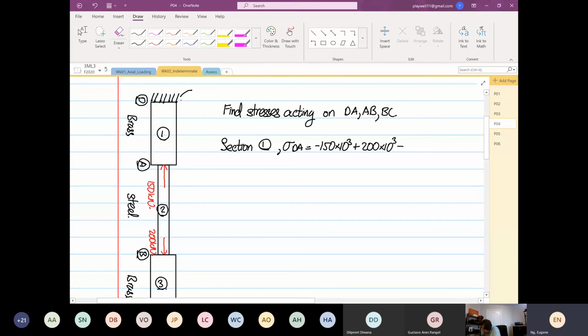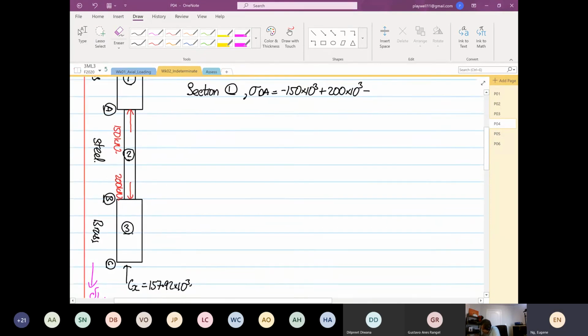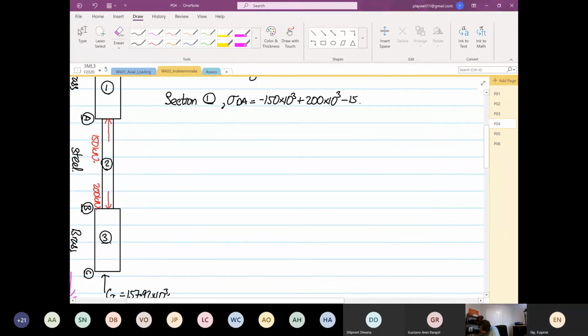And then we have a redundant load coming at 157.92. The whole thing is divided by the cross-sectional area. The cross-sectional area is 1.963 times 10 to the power minus 3.